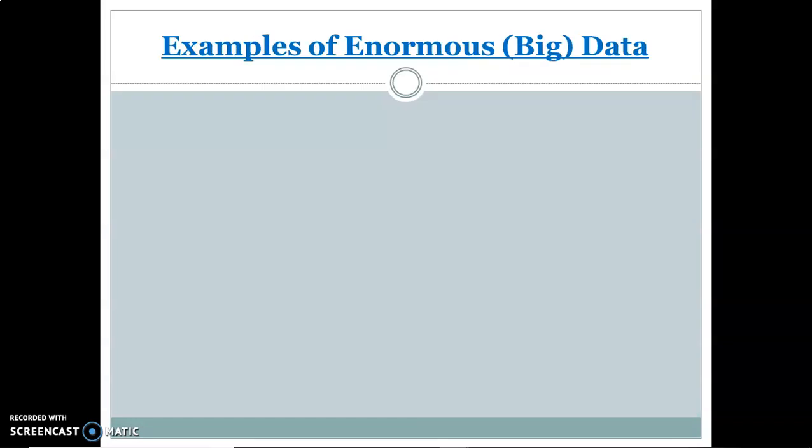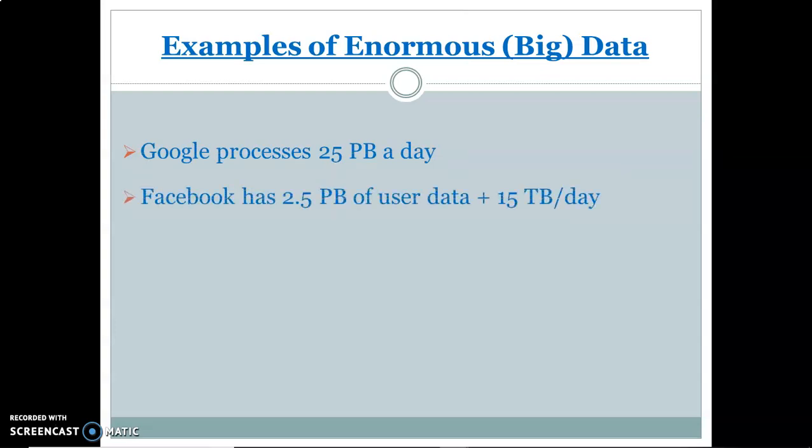So now let's have a few examples of the enormous data, which we call big data. Google, which you are using, is processing about 25 petabytes of data a day. Facebook has 2.5 petabytes of user data plus 15 TB of data per day. You're using Facebook, so that much information about users.